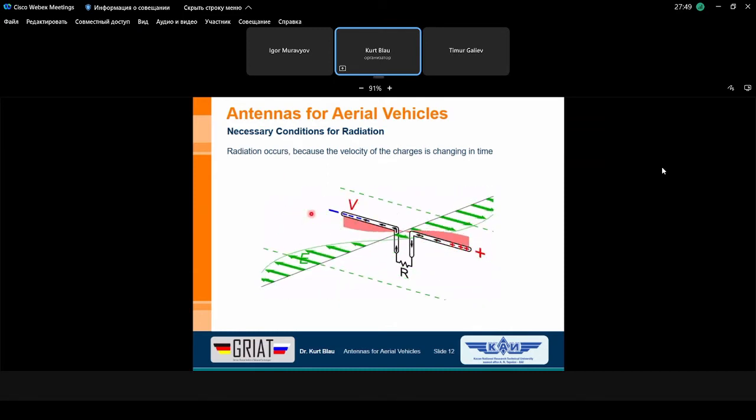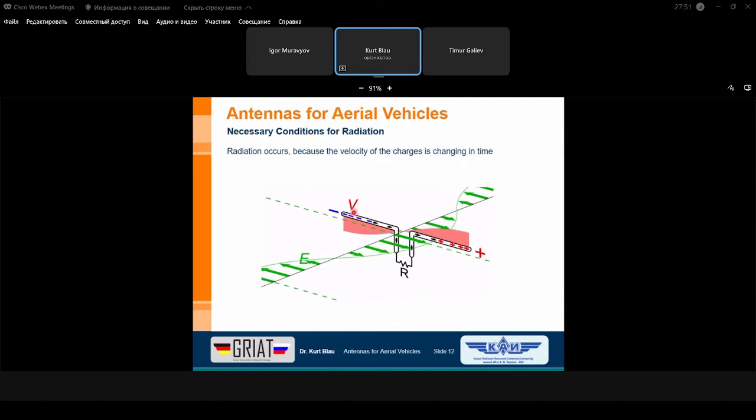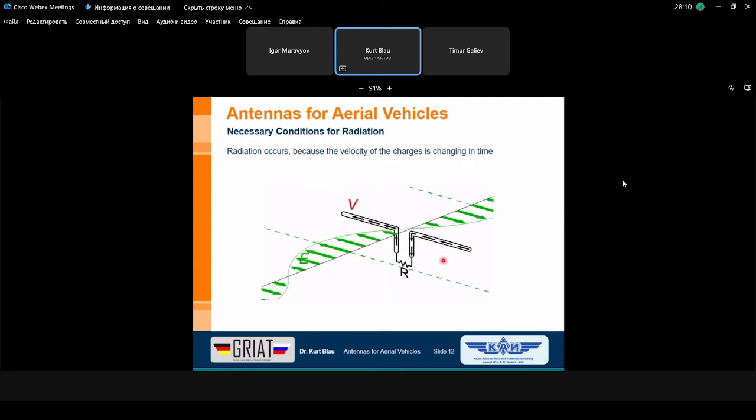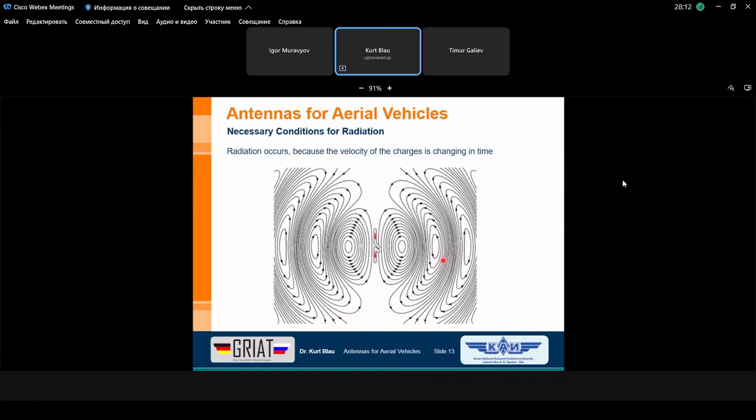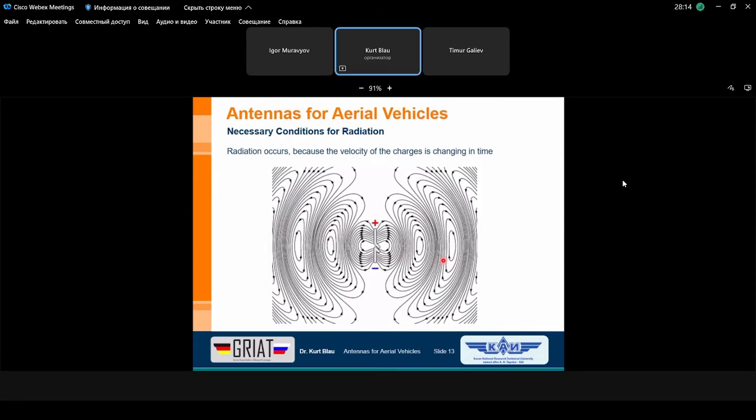You can explain it either by the incoming field or by exciting a field by a generator with an inner resistance of R, like here, or this can also be the resistance of a receiver input. This is only another perspective of this radiation.